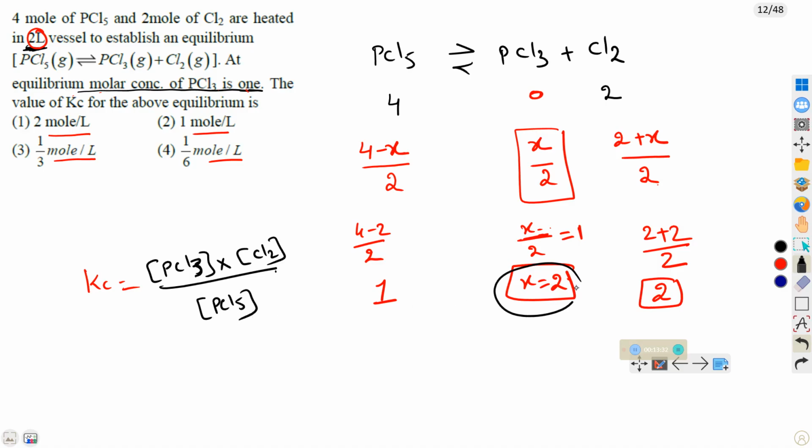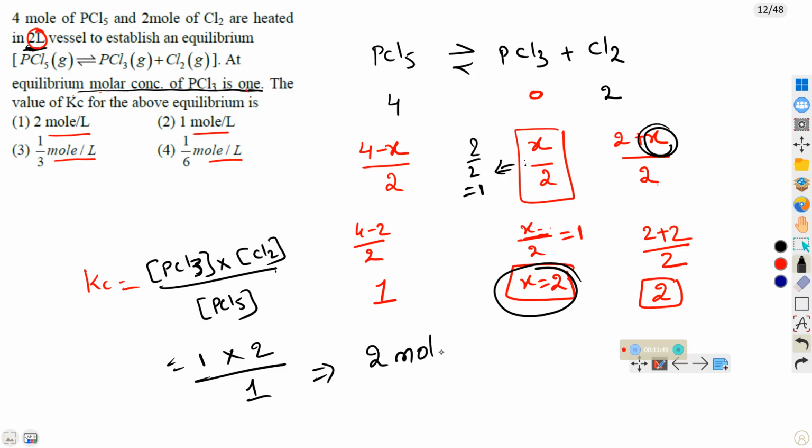X value is 2, substitute here, 2 by 2 is equal to 1. 1 into X plus 2 substitute, then 2 by 1. 1 into 2 by 1, that is equal to 2 mole per liter. First option is the correct option.